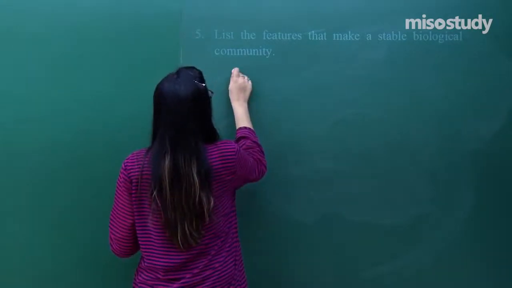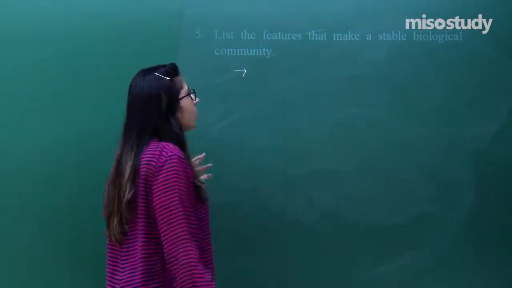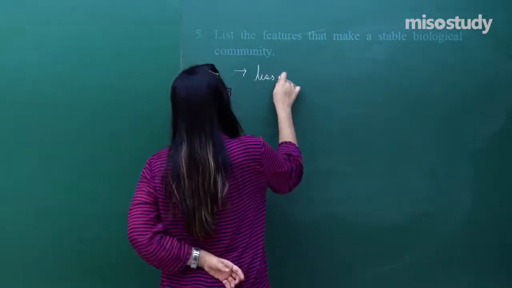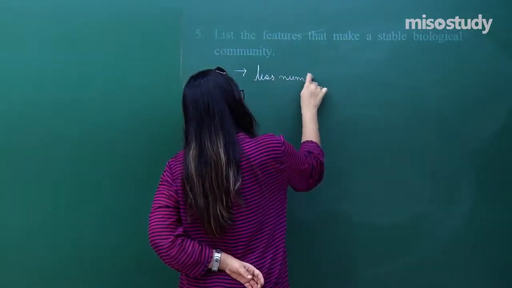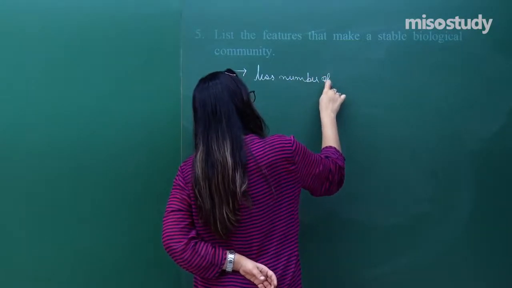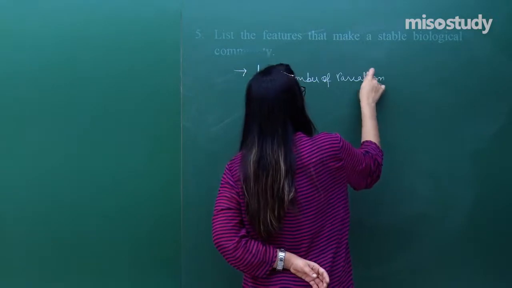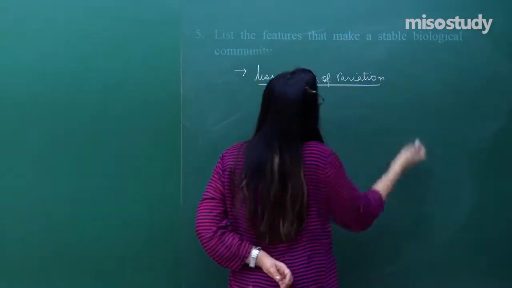So, what are the features? You have to explain the features. First is a small number of variations per year.